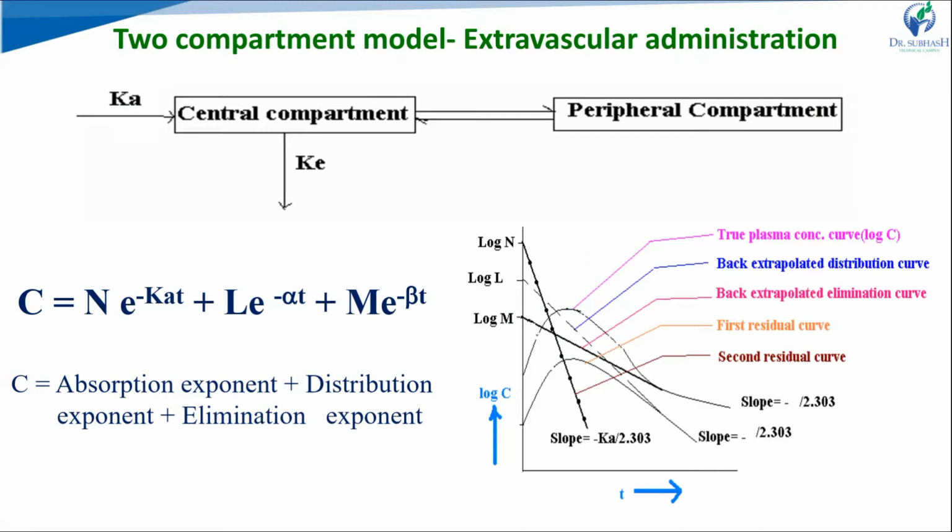The absorption of the drug into the central compartment follows first order absorption, that is Ka, central to peripheral like K12 and K21, and from the central compartment elimination goes by K. For the drug entering the body, it follows the first order absorption process, distribution according to the two compartment model, central and peripheral, and the rate of change in drug concentration in the central compartment is described by a three exponent form: an absorption exponent and two exponents for the disposition, meaning distribution and elimination.